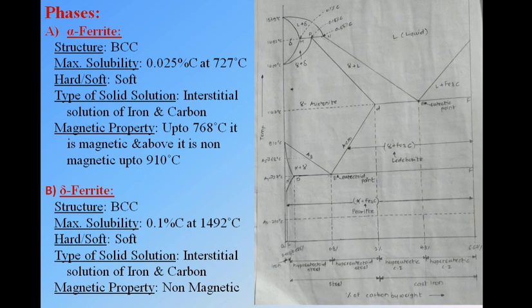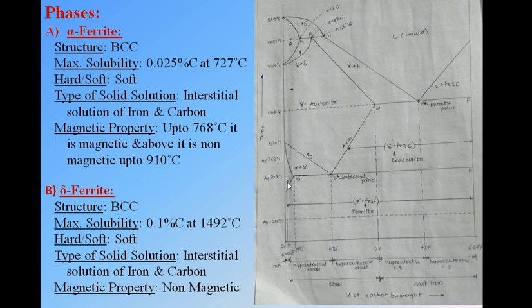Okay, next, the first one is alpha ferrite. Where is it actually? See, this alpha is the phase from 910 up to this, from 0 to 0.008% carbon. Above this we go up to 0.025% carbon, and again up to this one.